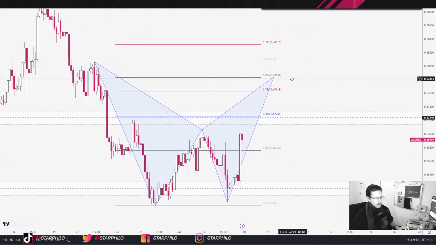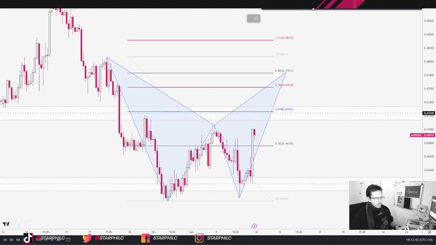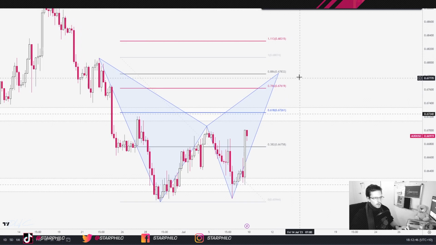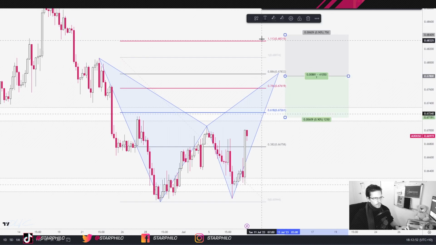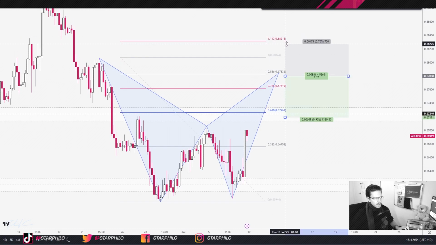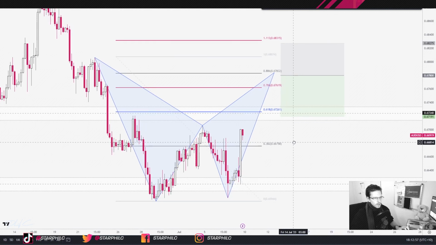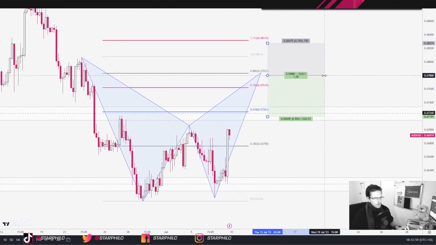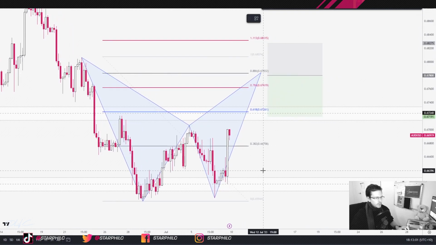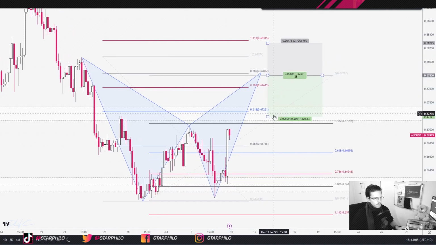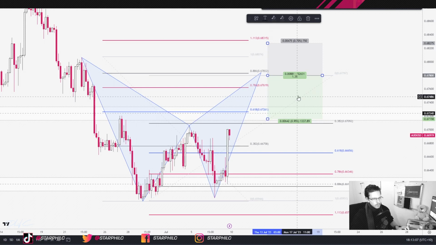CD, right there. Now, if price action can come all the way up into the 886, this is where my entries will be, right here. Stops above the X point, looking left around the 113, right there. And targets will be a Fibonacci from swing low to swing high at the 382, right there.